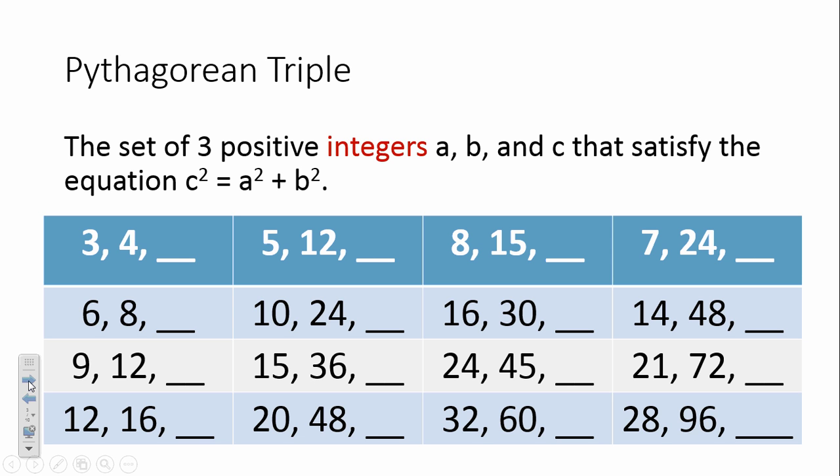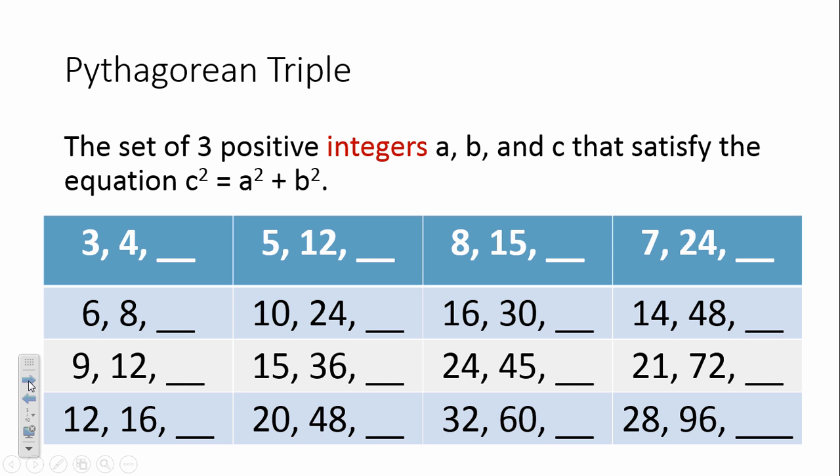3 and 4. If 3 and 4 are the legs of a right triangle, how would you find the third side, the hypotenuse? It's not 7. 25. Why? So 3 times 3 is 9. 4 times 4 is 16, and 9 plus 16 is 25.